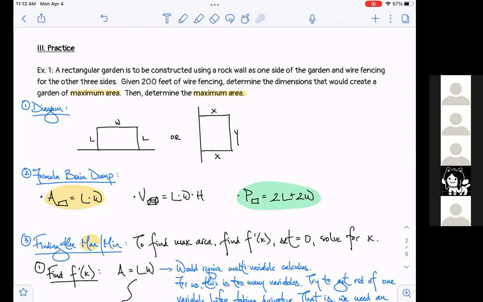When someone says dimensions, they want the length and they want the width so that they basically have directions to go out and build this garden, right? They want you to tell them how long is that width so they know how far to measure out, okay? So we have the length, we want to find the width. What else do we need to do in order to find our full answer?